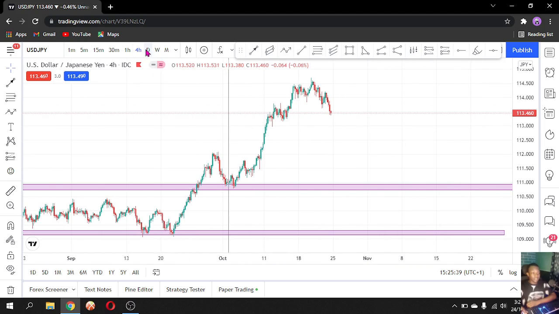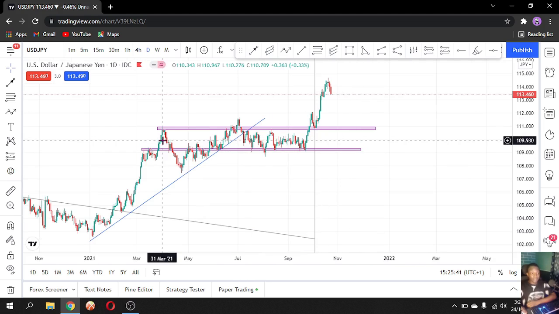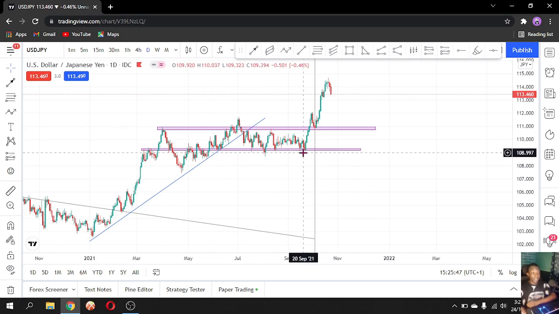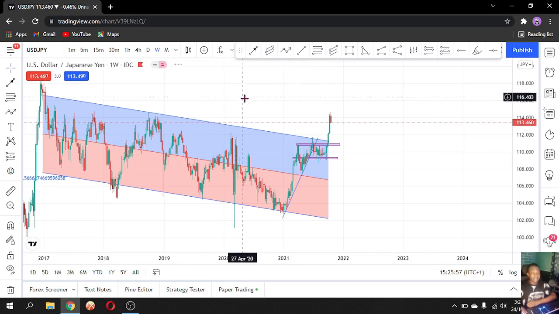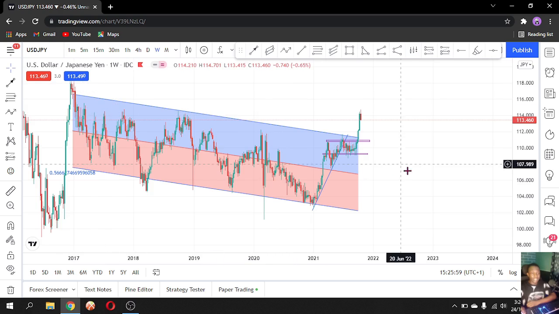On USD JPY on the daily time frame, we have a consolidation here, and it broke the resistance and then came back for a retest and then a further push up. On the weekly time frame, we can see that we had a channel which has now been broken.